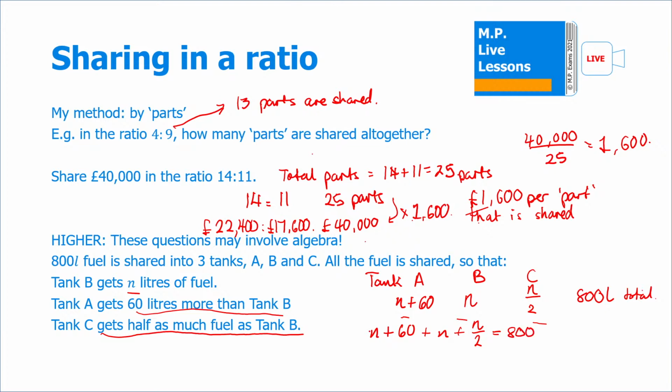Now if we mess around with the equation, we get 2.5 n plus 60 is 800, so 2.5 n equals 740, therefore n is 740 divided by 2.5, which gets 296.